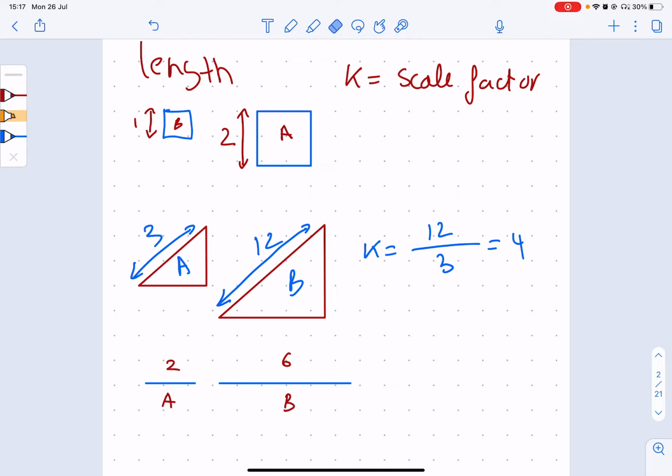So what I want you to understand is that whenever you are determining a scale factor, always make sure that you take measurements that represent the same thing. By that, what I mean is that you have to take a value that represents this hypotenuse, so this line, and for the other one, you also have to take exactly the same length, because you cannot compare this length to this one.